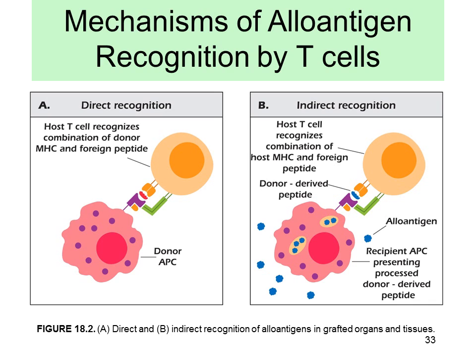In this case, this is a host T cell, meaning recipient, right? And this person has been given, let's say, a kidney, and that tissue has a donor APC. So there is a donor APC presenting a peptide to the T cell.